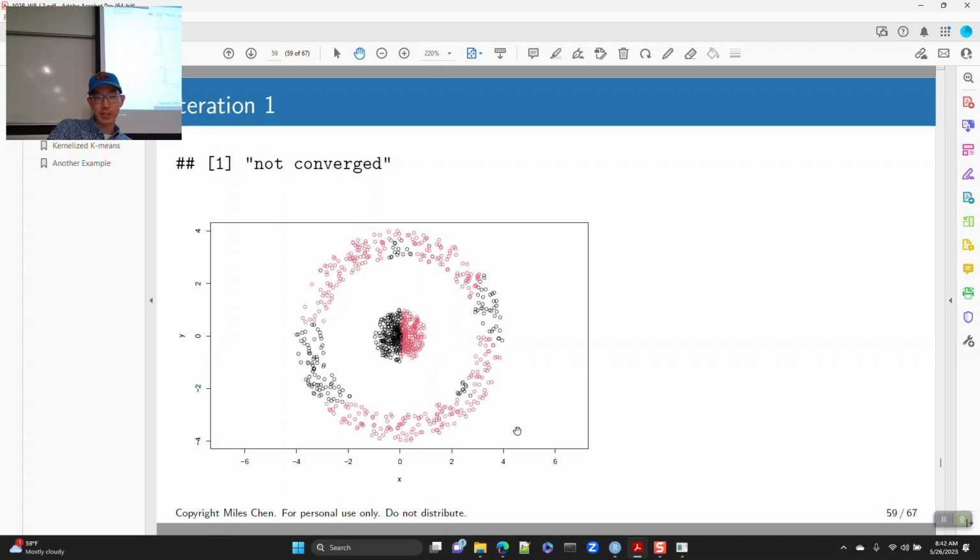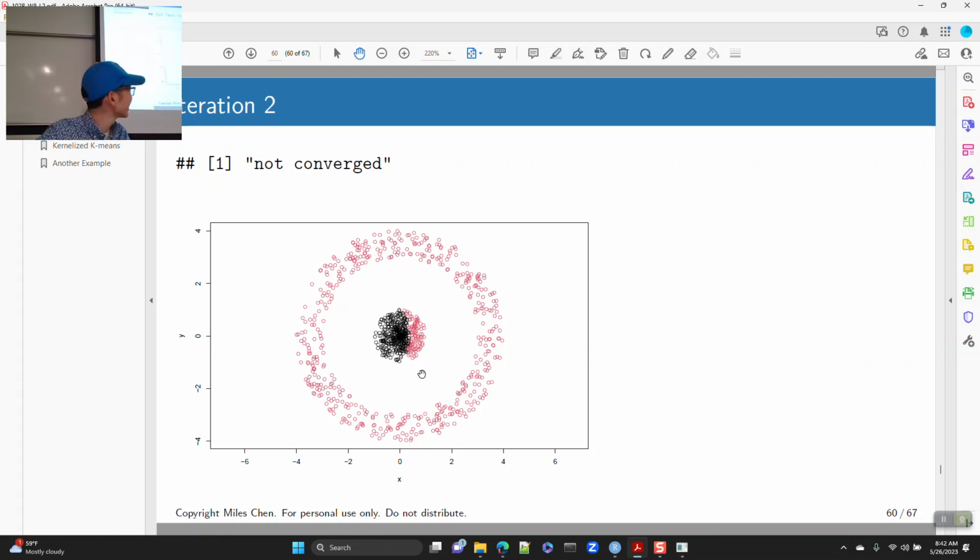What's the centroid of red and what's the centroid of black, and calculate the distances there. And now it's assigned the outer ring all to red, and we get almost like a waxing moon or waning crescent moon here.